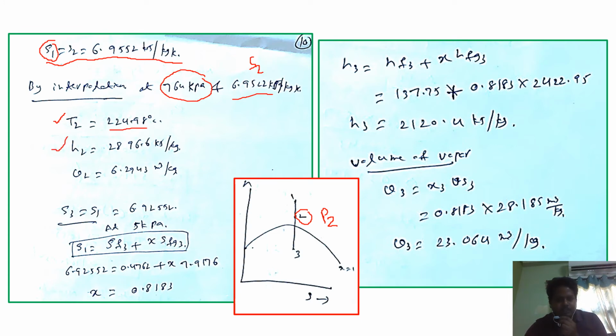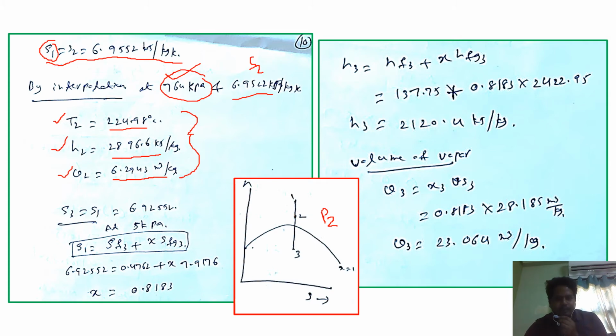Enthalpy H2 is 2896.6 kilojoule per kg. Specific volume is 6.2943 meter cube per kg. These values I have taken from the steam table by doing interpolation, because we don't find 764 kilopascal in the steam table.